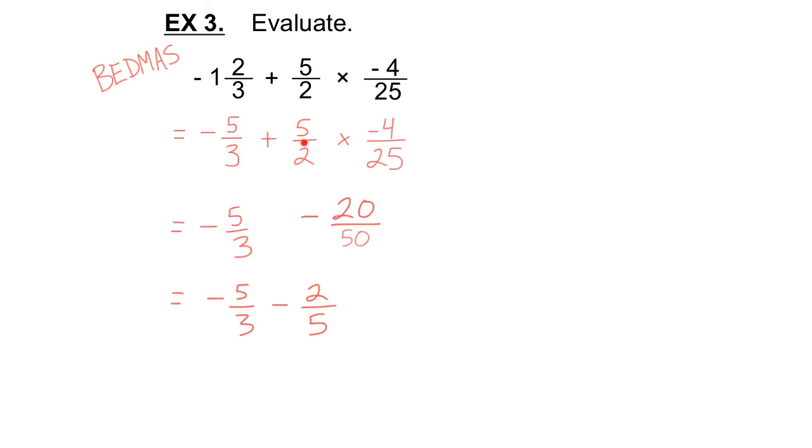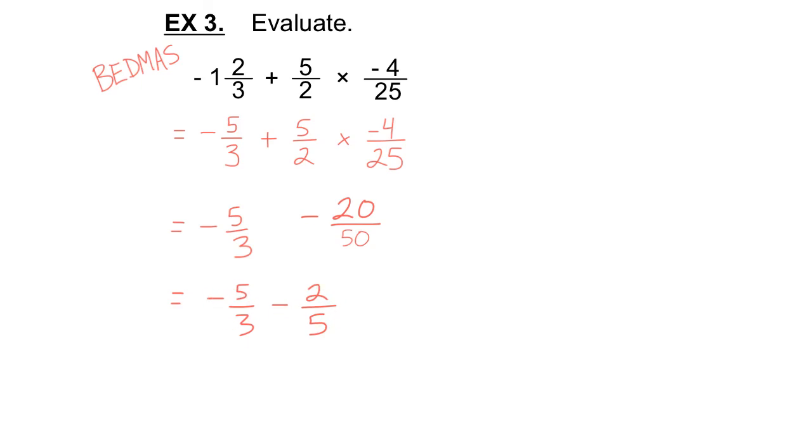It was positive times a negative, now it's negative. That means you're subtracting. So it's negative 5/3 minus 2/5. You don't have to worry about adding a negative or subtracting a negative or whatever. It's just a negative fraction minus a fraction.